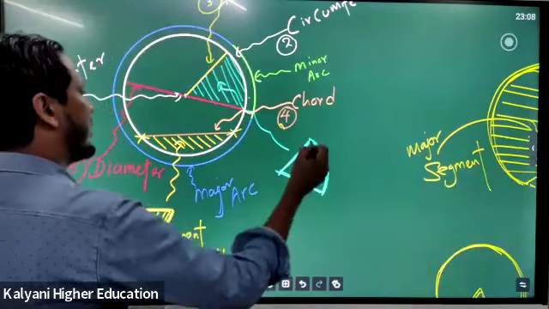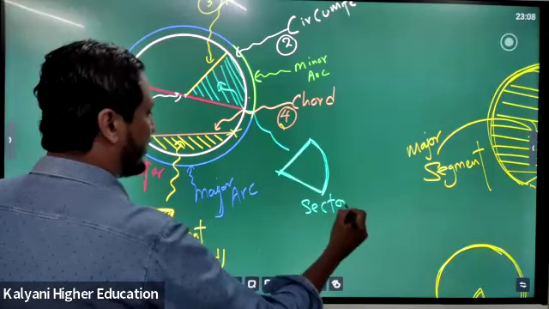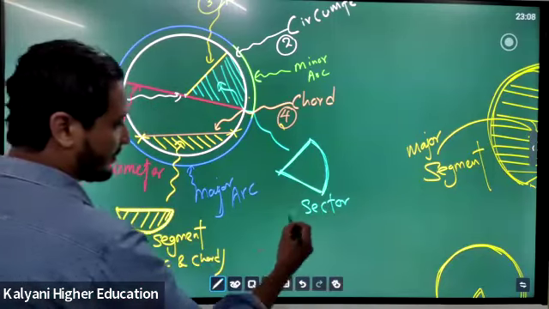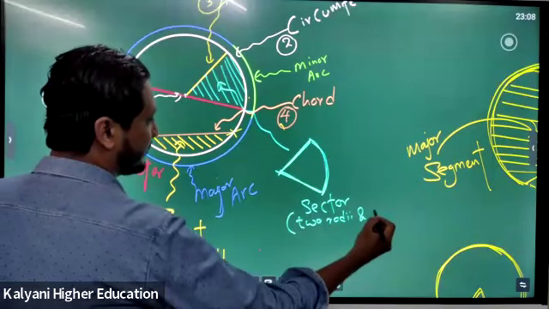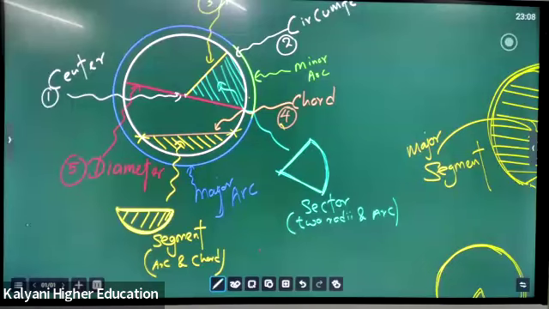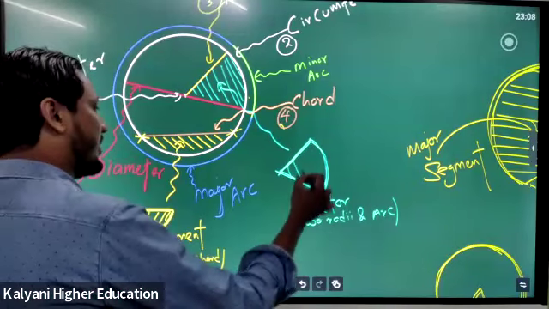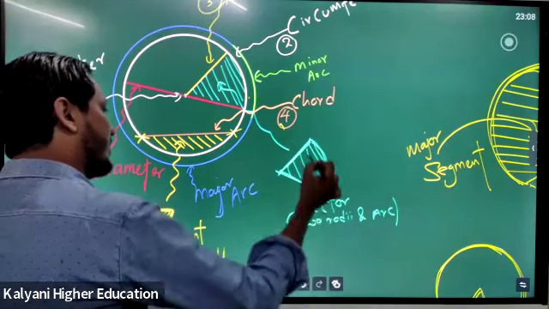So sector means it's bounded with two radii and an arc. If it's a smaller part with a smaller arc, we call it a minor segment; a major arc means a major segment. Understood?